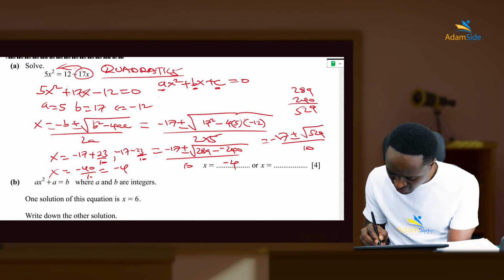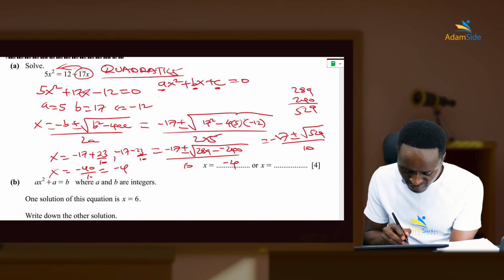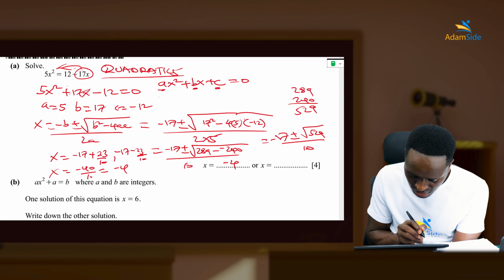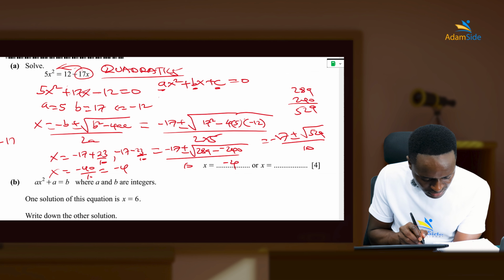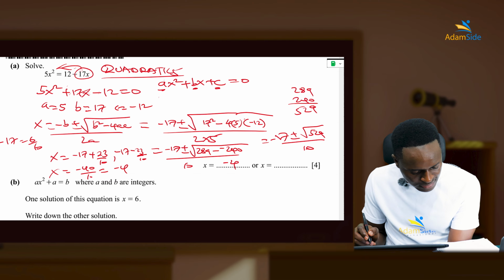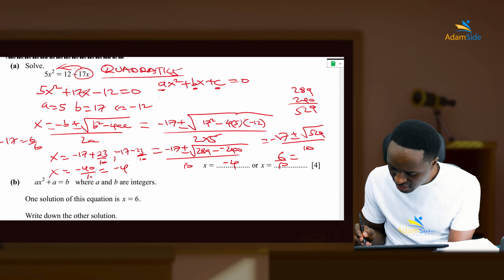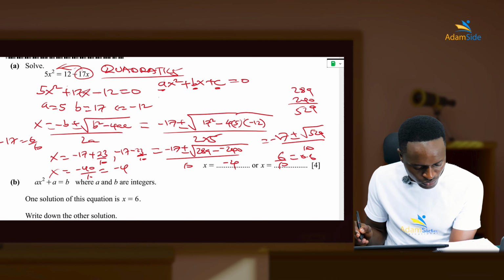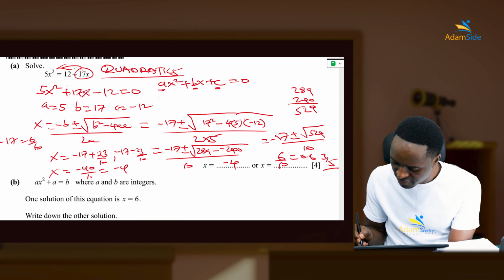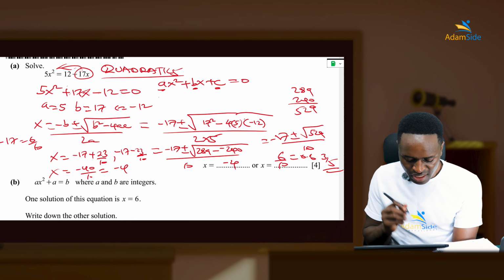So x is equal to negative 4. Or negative 17 plus 23 is equal to 6 over 10, which is the same as 0.6 or 3 over 5. Correct. So those are the answers.